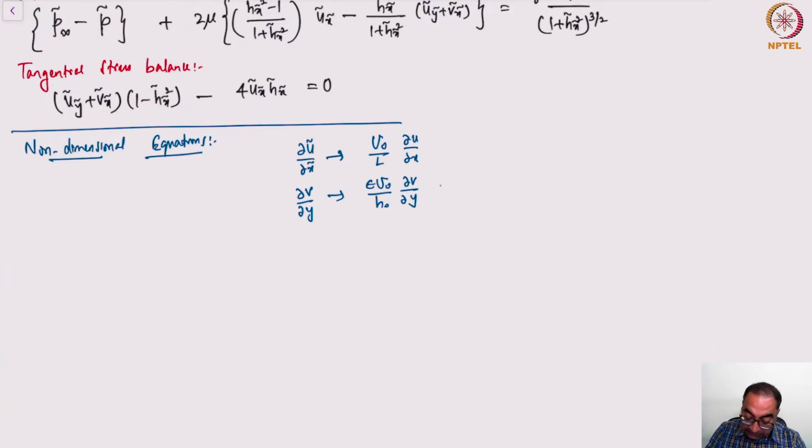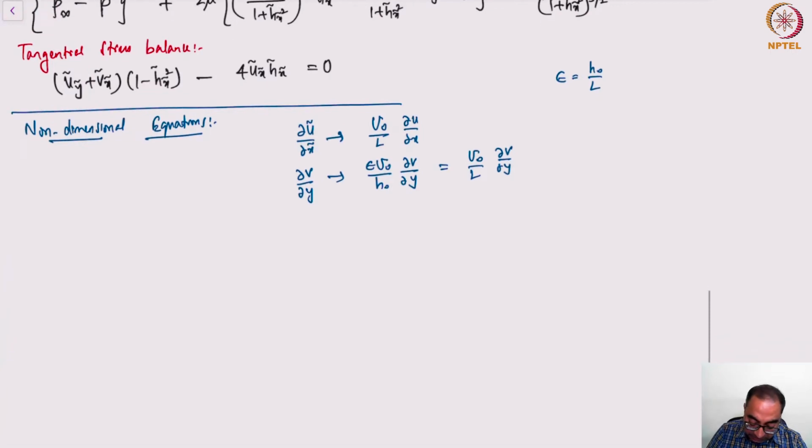But since we recognize that epsilon is nothing but h naught by L, h naught by epsilon is just L, therefore we have u naught by L del v by del y. That's how we write down all the terms in the equation.